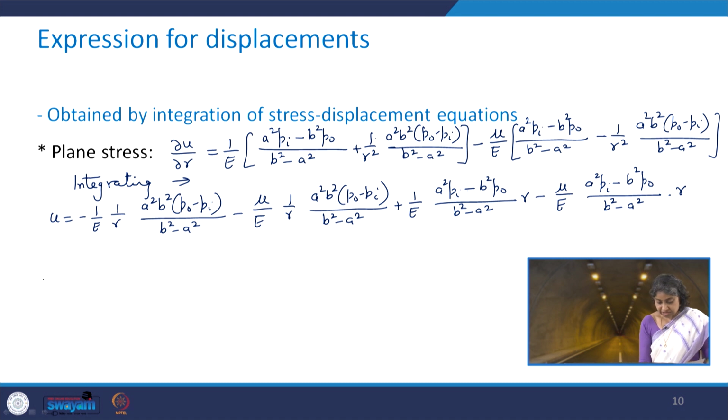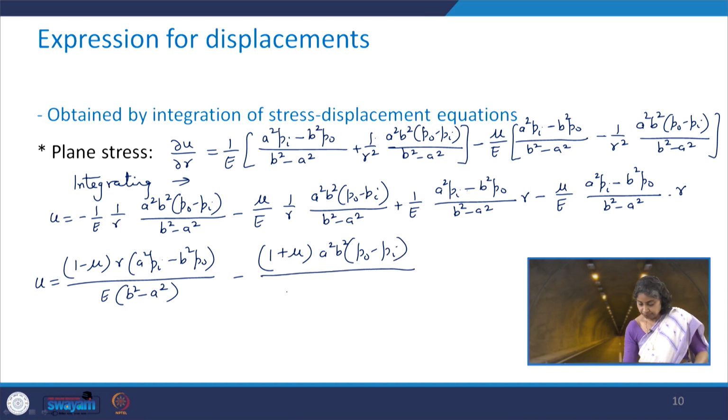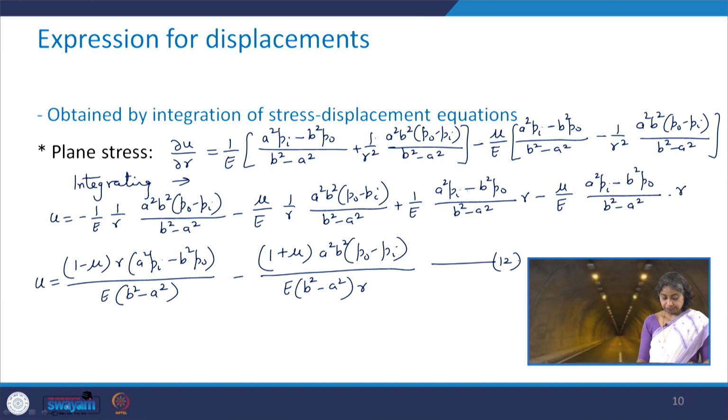Or if you just simplify this, you will get ultimately u as (1 minus mu) r a square p i minus b square p naught divided by E times b square minus a square, minus (1 plus mu) a square b square p naught minus p i divided by E times b square minus a square into r. Make this equation number 12.